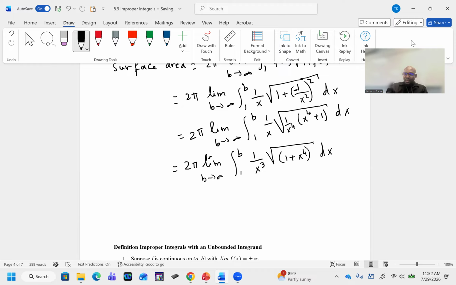So again, to find this integral, you can use substitution. But since we are looking for the integral, I can see this one diverges. So you can use the comparison test to check.